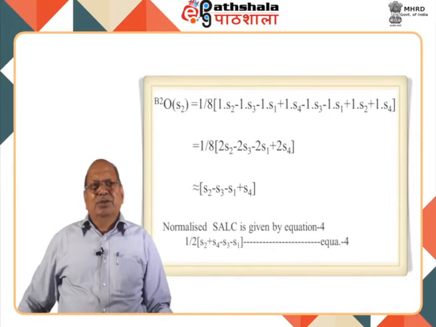After these calculations, the net result is given in equation 4, that is the normalized SALC is 1 upon 2 (S2 plus S4 minus S3 minus S1).